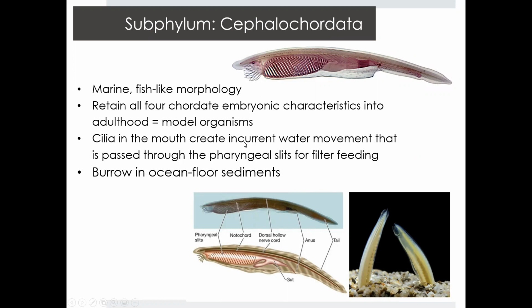They filter feed by using the cilia, pulling food into their bodies and passing it through these pharyngeal slits. This is just a picture of what they look like when they're burrowed into the ocean floor. And yeah, they're pretty interesting little fish-like non-fish chordates.